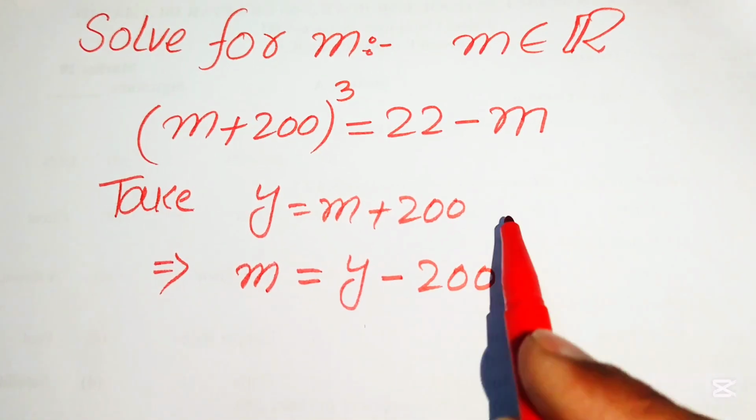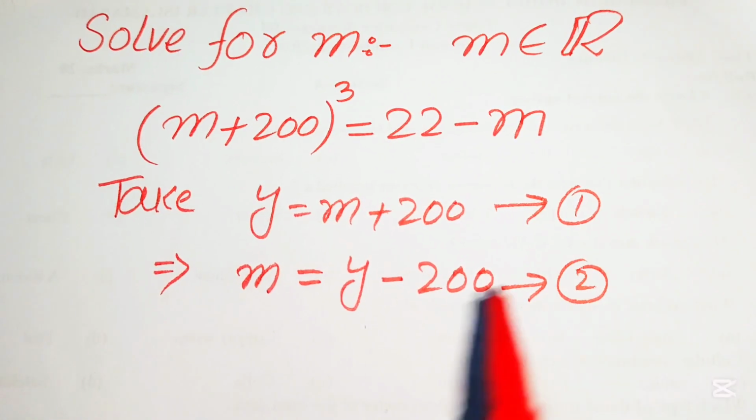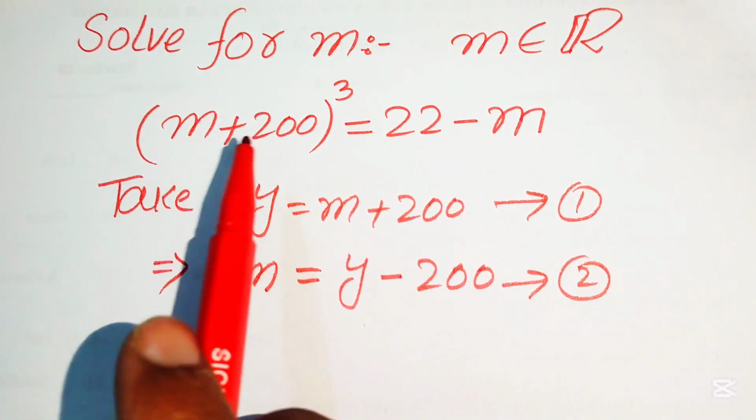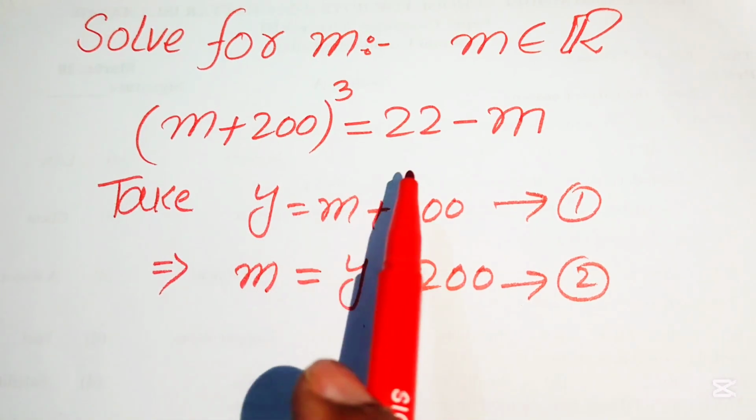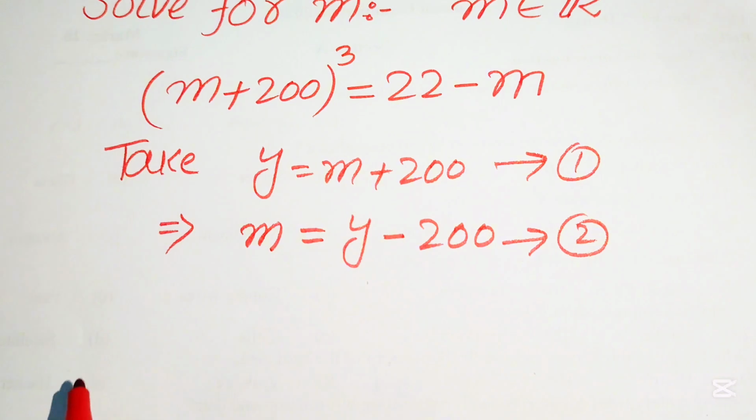Okay, so we call this equation number 1 and this equation number 2. So now we substitute m + 200 = y and m = y − 200 into the equation.